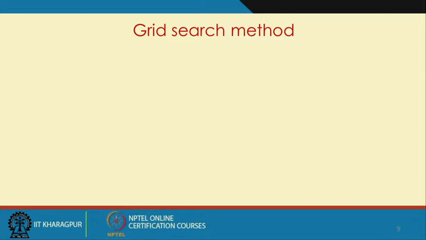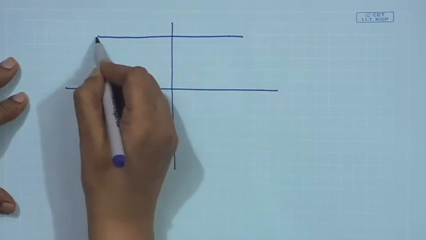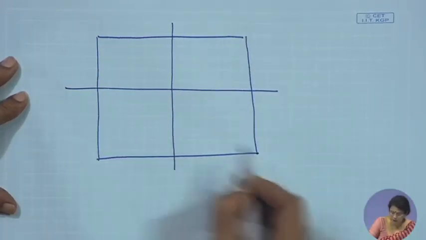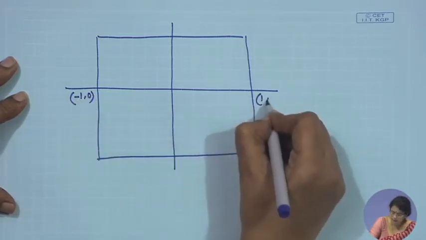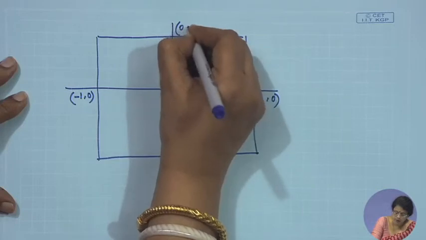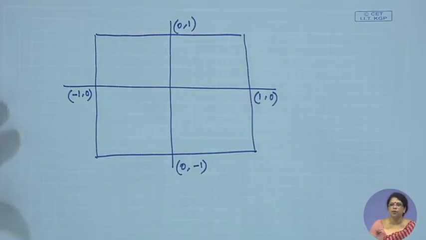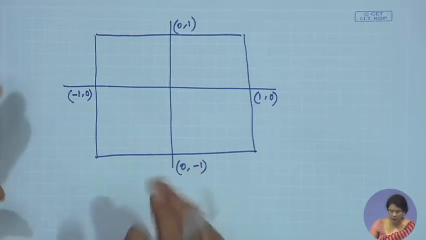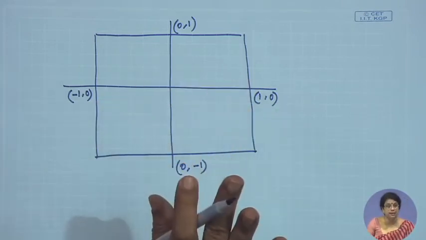Now, this is my domain of definition. I am searching for the minimum within this range, from -1 to 1 along both axes. In the grid search technique, we divide the whole space with grid points.